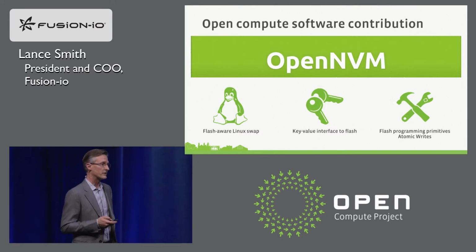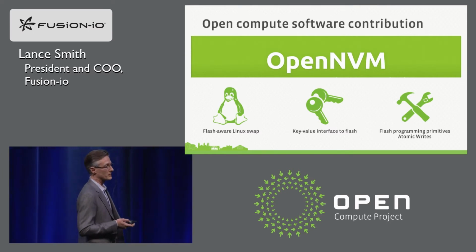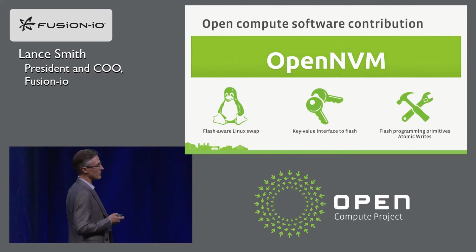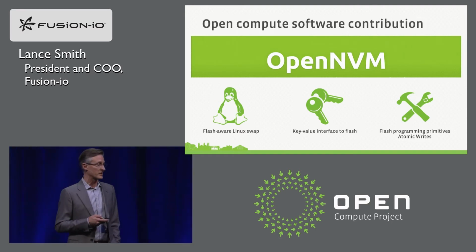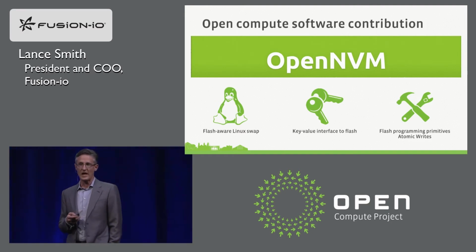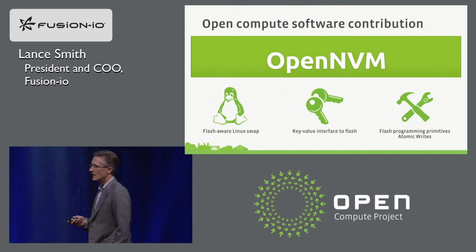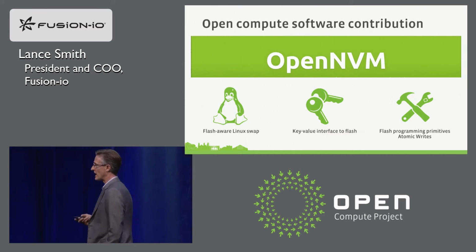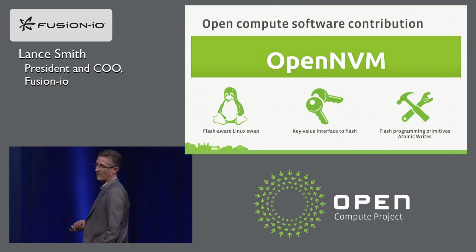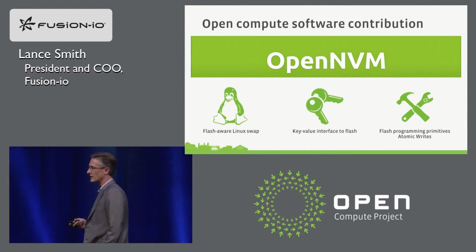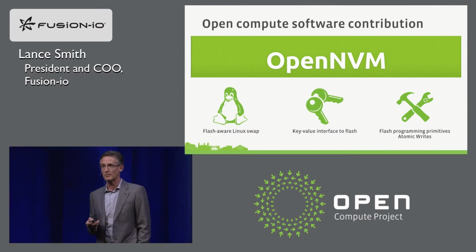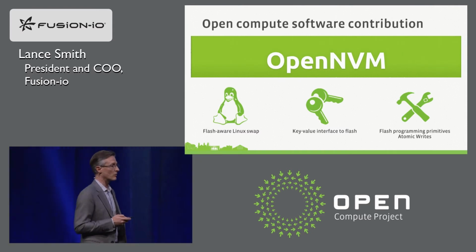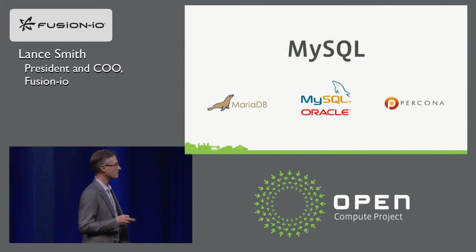The second one is accelerating object stores. A key value store interface has been designed so you can interface directly to Flash and accelerate that. And lastly is our Flash programming primitive. Our first installment into this Flash primitive is atomic writes to help speed up writes to main storage.